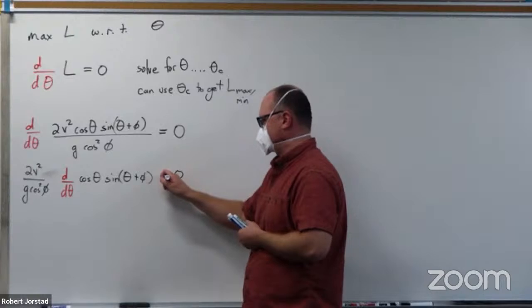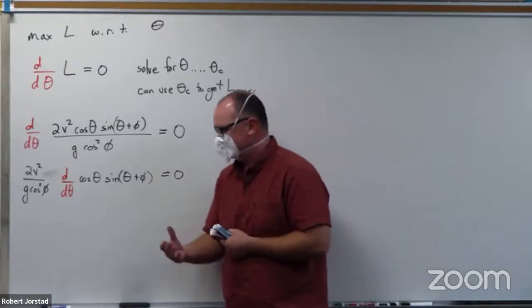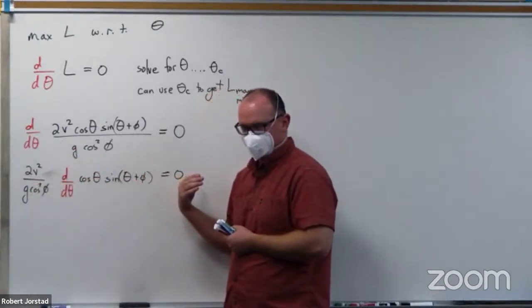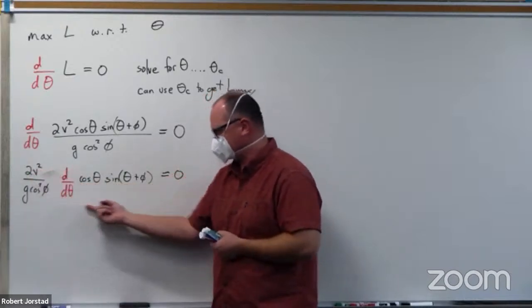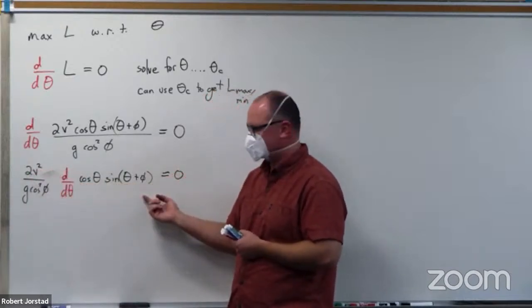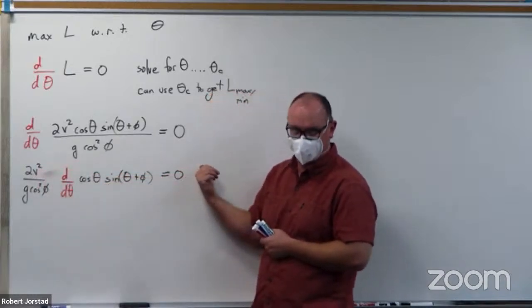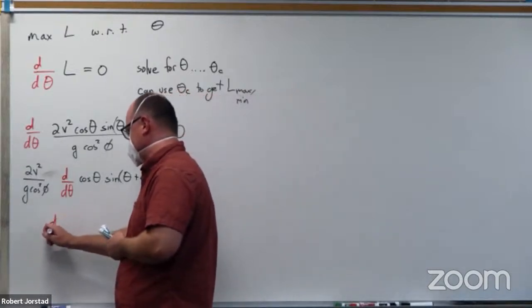Here's why you factor out the constants first when you're doing a max-min problem. The product of these two things is equal to 0. Well, I know the first thing's not equal to 0, therefore this part equals 0. The constants don't equal 0. You could cross multiply by the constants and get rid of them. So said another way, you could just immediately go to this.